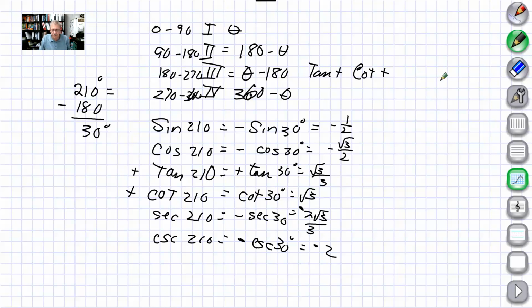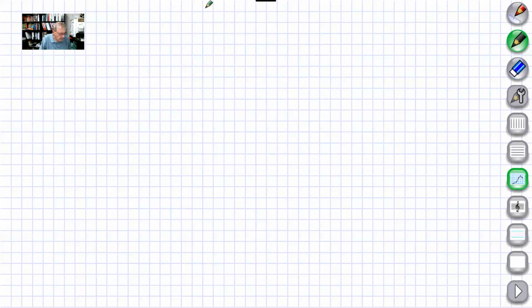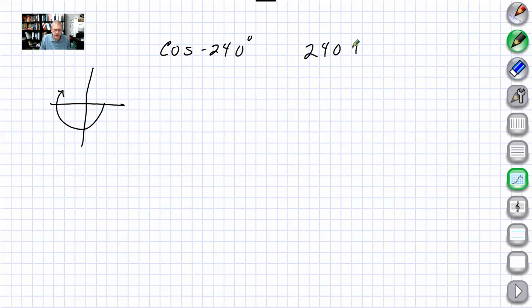Okay, let's try another one. What if I have the cosine of negative 240? Going this way. Well, what that would be is 360 minus 240, that's a 120 degree angle. 120 is in here.